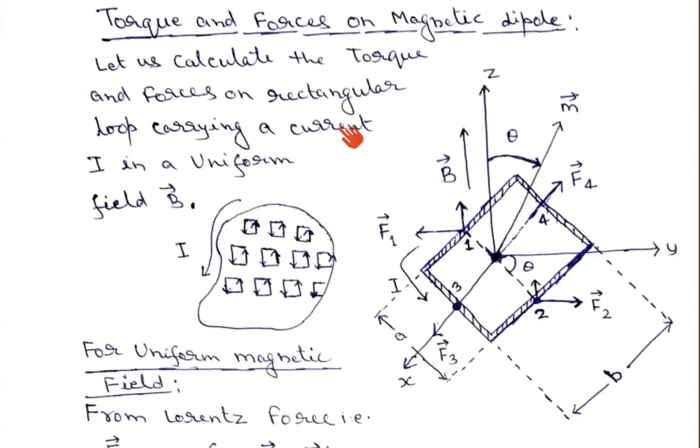If you see any material, let us say I have assumed a material. The material is made of atoms, and in every atom there is a nucleus and there are electrons revolving around the nucleus.